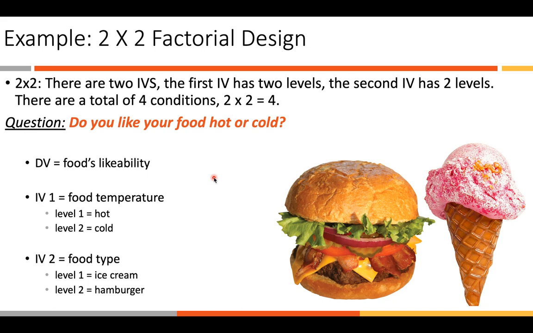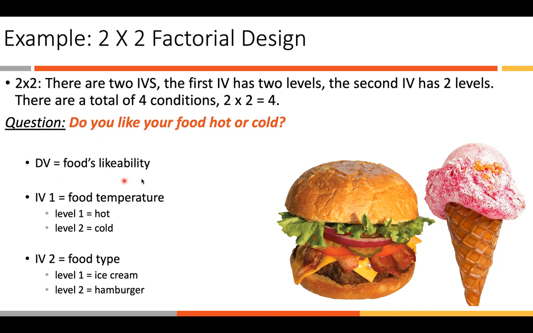So let's use this kind of silly example, but it perfectly illustrates the purpose of a factorial design. If I asked you the question, do you like your food hot or cold? Just, do you like your food hot or cold? Your likely response would be, well, that's a stupid question because it depends, right? Your liking of a food's temperature depends upon the type of food that you are eating.